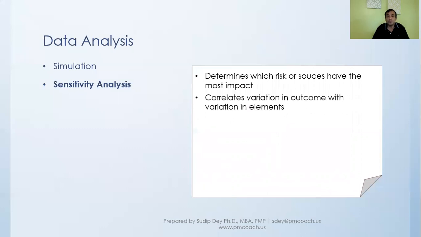So we calculate the correlation in outcome with variations in elements. For each of the sources, what is the correlation in outcome? We put them in decreasing strength, and it comes out in a tornado shape. So it is also called sensitivity analysis, and sometimes it is also called a tornado diagram.